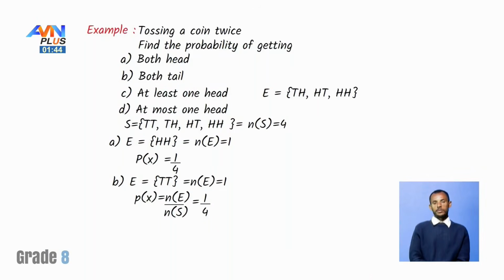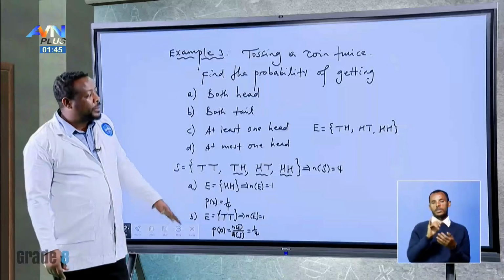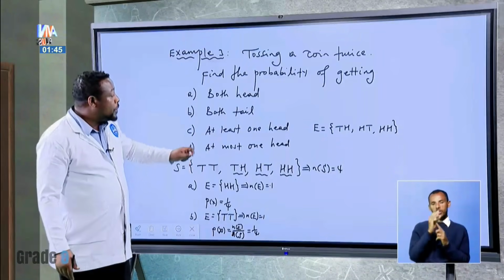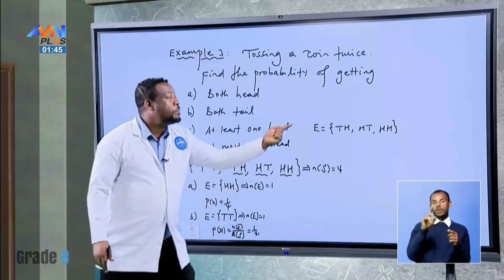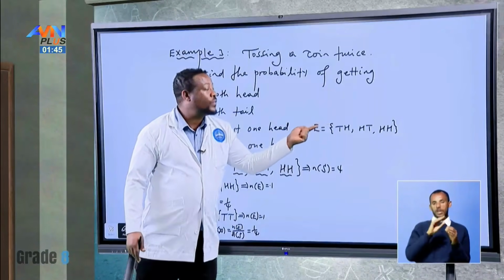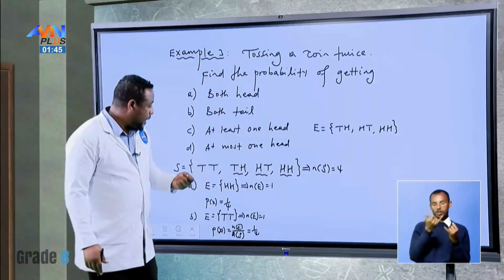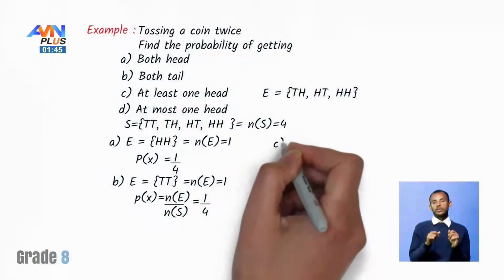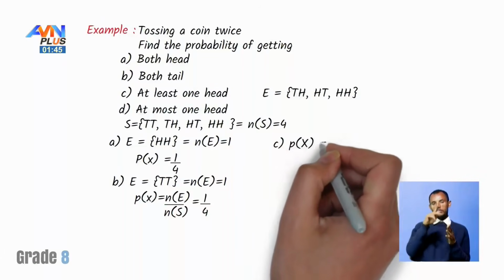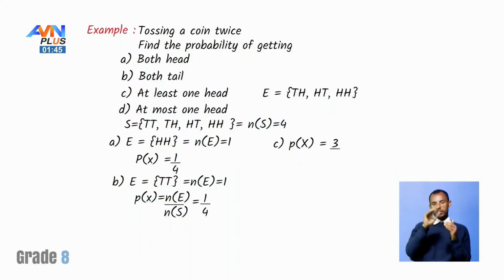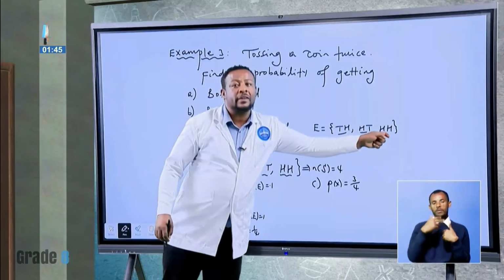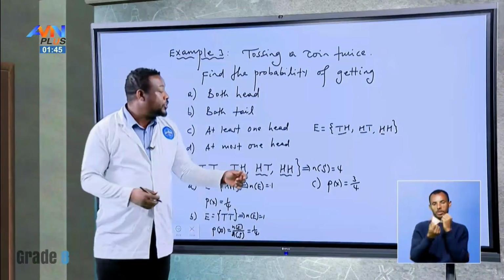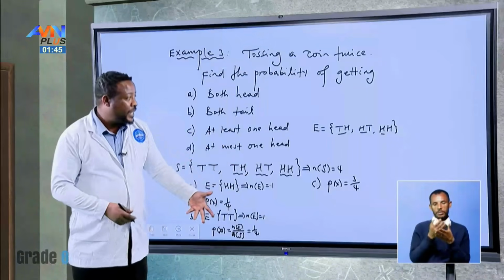Okay, so this is the favorable condition. So the probability of getting at least one head will be the cardinal number of E over the cardinal number of S. Let me write it. Say P of X is 3 over 4. Why 3? Because we have 3 favorable conditions based on the statement in C.